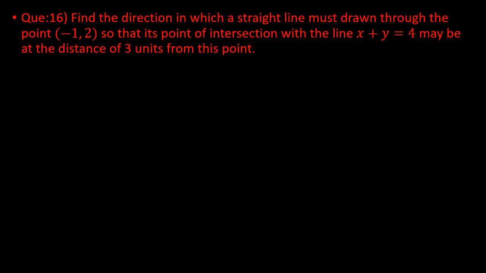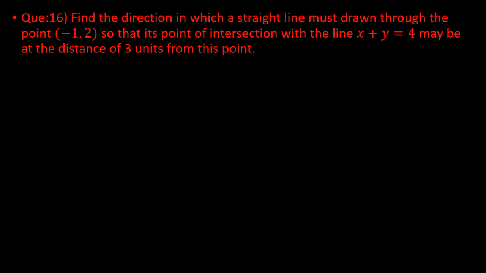Let's go to the other question, question number 16. It says: find the direction in which a straight line must run through the point -1, 2, so that its point of intersection with the line x plus y is equal to 4 may be at a distance of 3 units from this point.